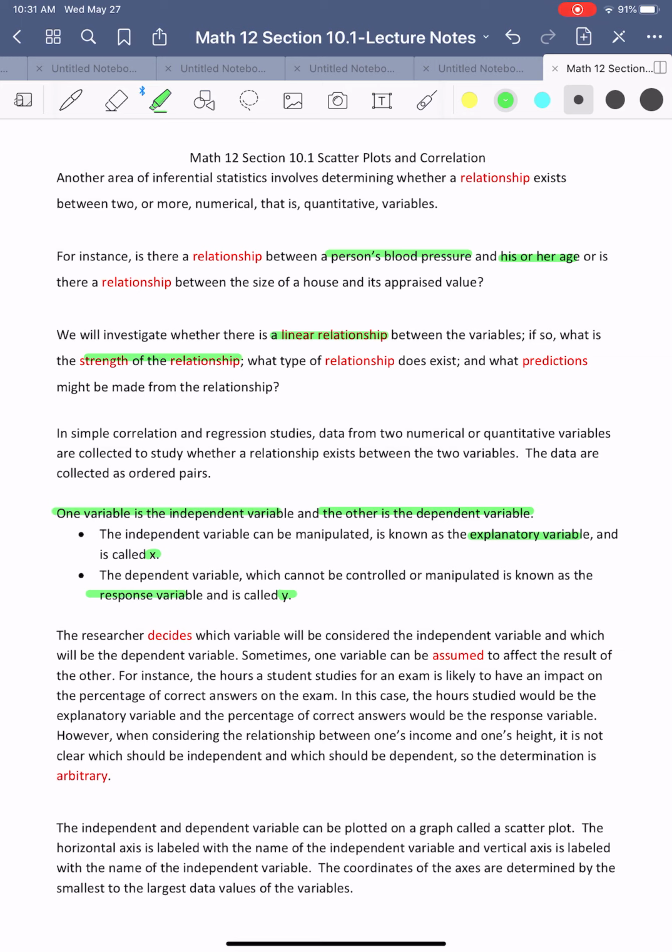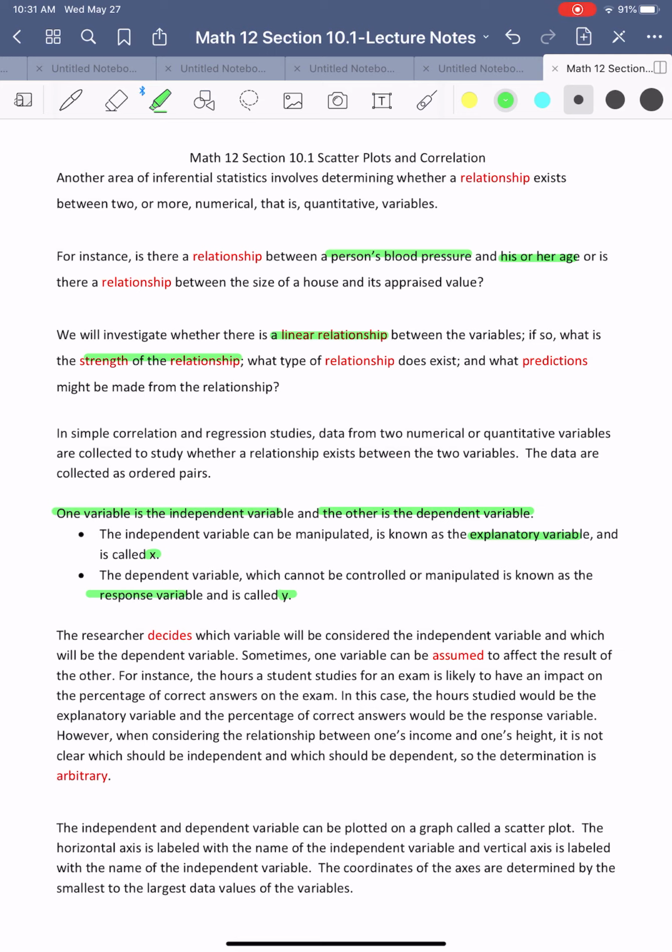For instance, the hours a student studies for an exam are likely to have an impact on the percentage of correct answers on the exam. In this case, the hours studied would be the explanatory variable, and the percentage of correct answers would be the response variable. If we spend more hours, everybody thinks the student gets more correct answers.